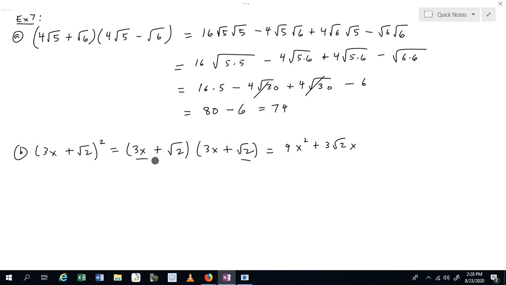And then this, the inner. So that's your outer. Now your inner, I'm going to change the order. The order doesn't matter. So I'm going to say 3 square root of 2 and then x. So it matches the order here. And then the last would be the square root of 2 times the square root of 2.